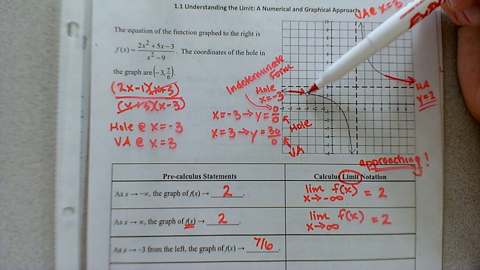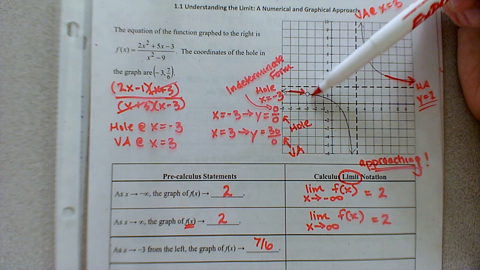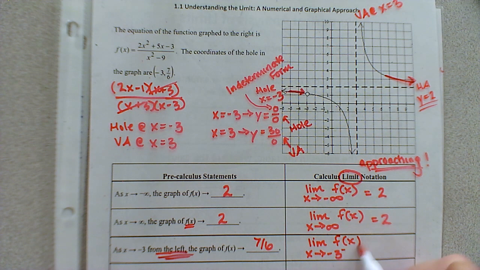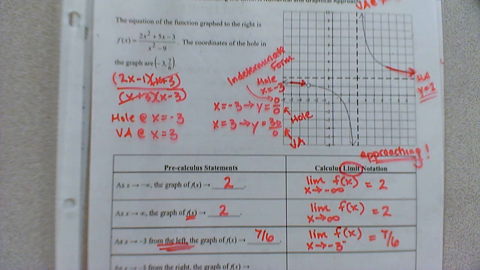So again, it's not about what you're equaling there, it's about what you are approaching. What are you getting closer and closer to? So how we can denote this in a limit is the limit as x approaches -3. To show this left-handed side idea, we're going to put a little minus sign in the exponent spot. So x is approaching -3 from the left, and f of x, the graph, is approaching the height of 7/6.